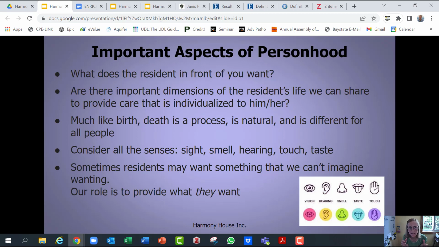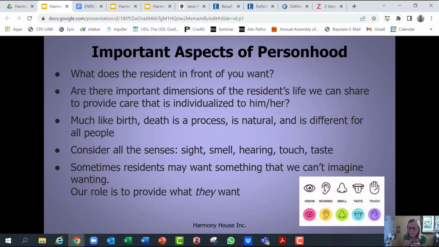So again, it's individualized and unique, and our job is to figure out where the person in front of you falls on the spectrum of what they want. And again, as I mentioned earlier, much like birth, death is a process, right? It is natural and different for all people. So we're trying to bring a sense of uniqueness to each person that we care for at the Harmony House.